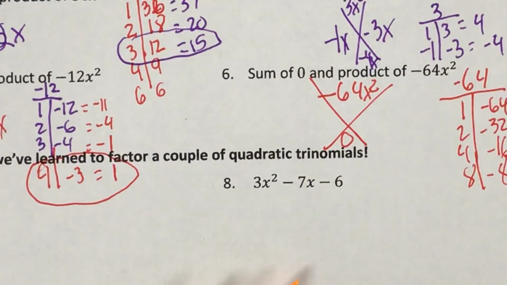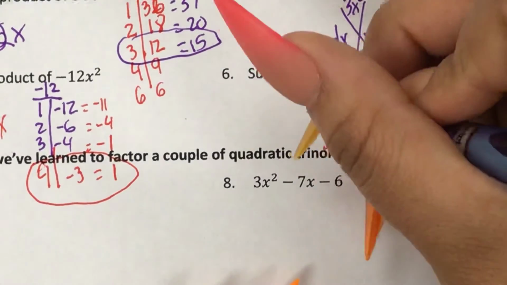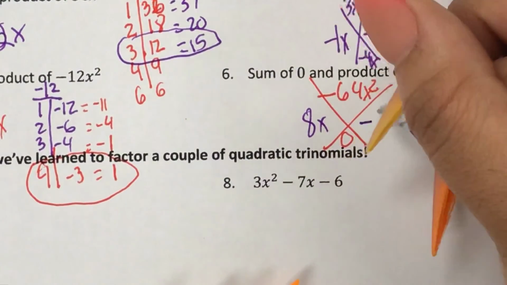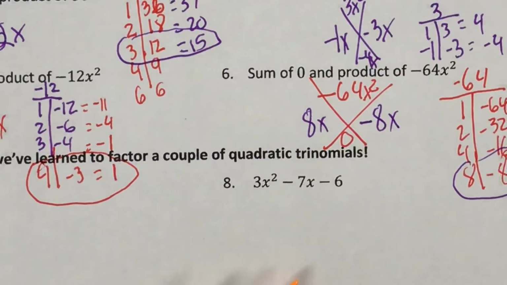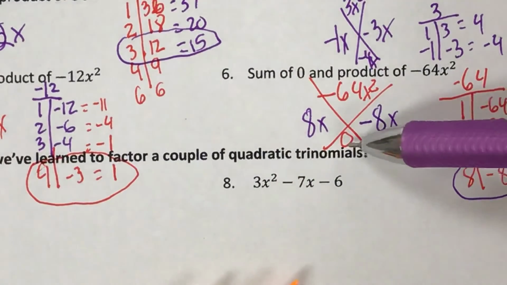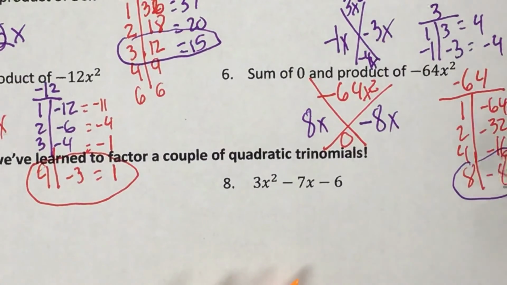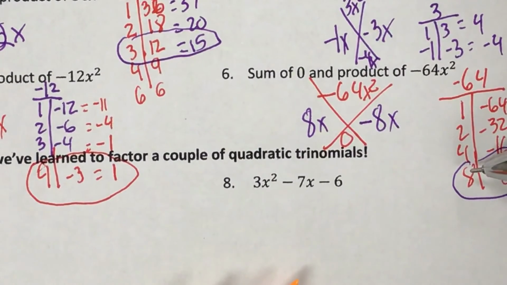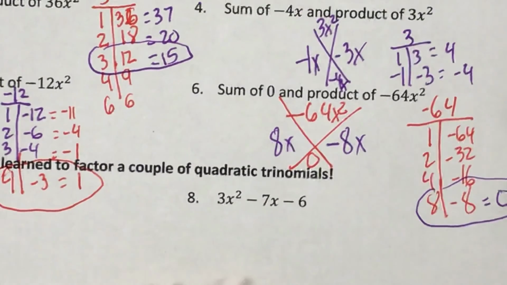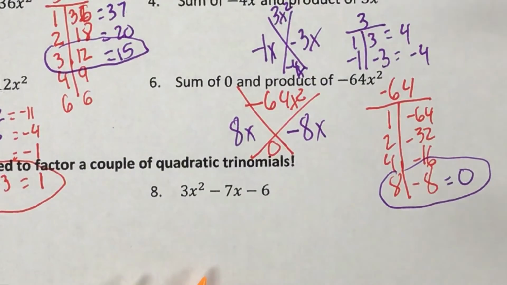So out of these, what adds to get 0? 8 and -8. So 8x goes here and -8x. Remember that if you're trying to find what adds to get 0, it has to be the same number, but a positive and a negative, because that's the only thing that will add to get 0. All right, we'll finish 7 and 8 in class.